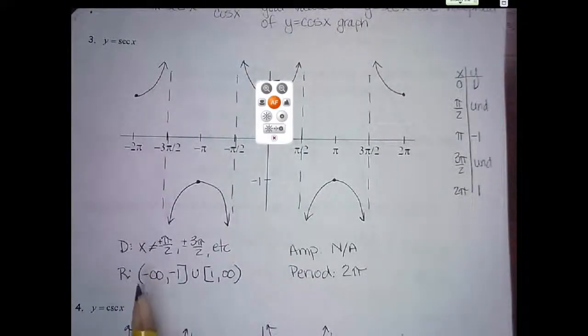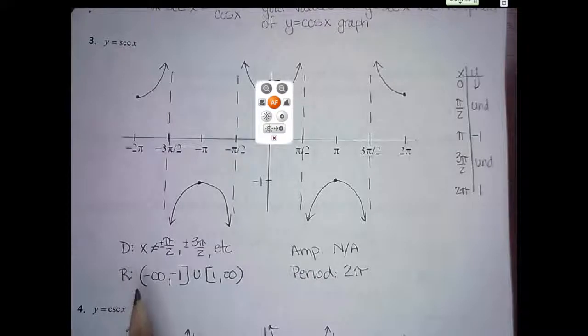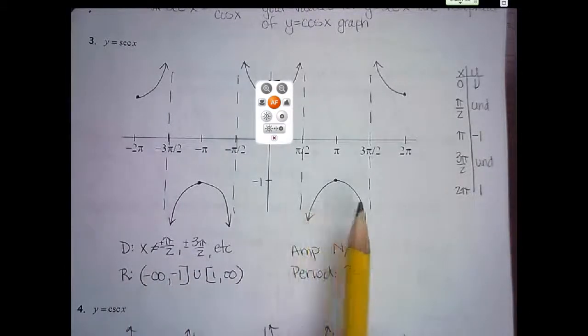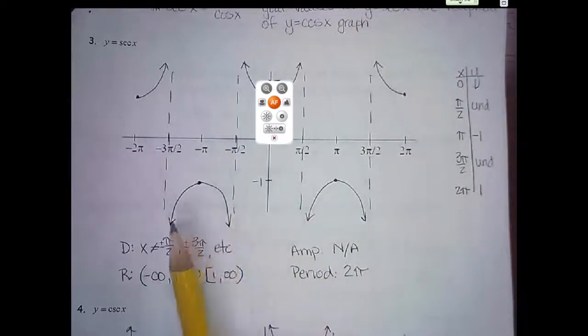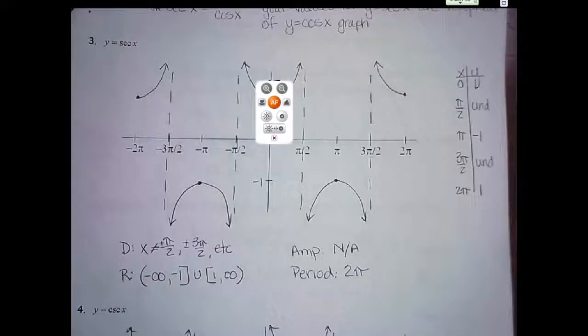Domain and range are a little bit more complicated on these two. Remember, x cannot equal the asymptotes. Make sure that you put comma, etc. or comma, dot dot dot right here just to show that it keeps going and it repeats itself.